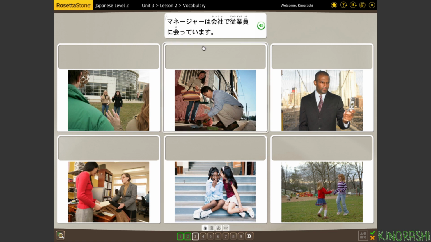Kaisha, workplace, yes. Jugyoin, I believe that's the word for employee. Jugyoin. As employee. Jugyoin.